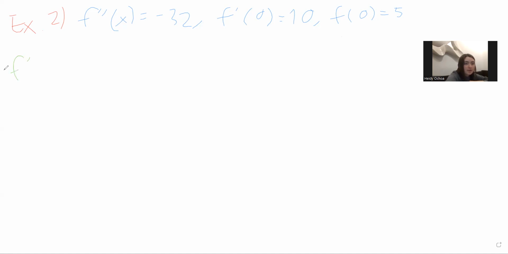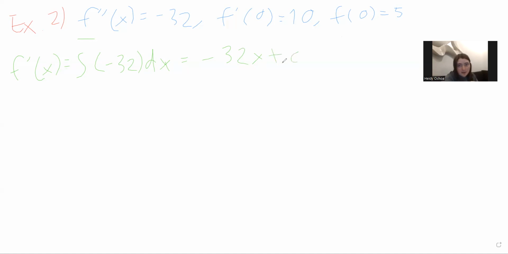So f prime of x would be the integral of our second derivative, which is minus 32 dx, which if we solve, is minus 32x, because the integral of minus 32 is minus 32x, plus c.